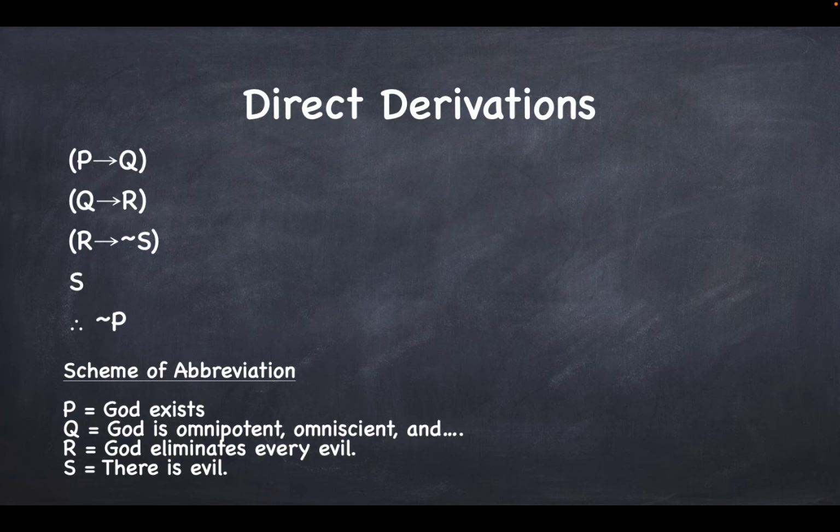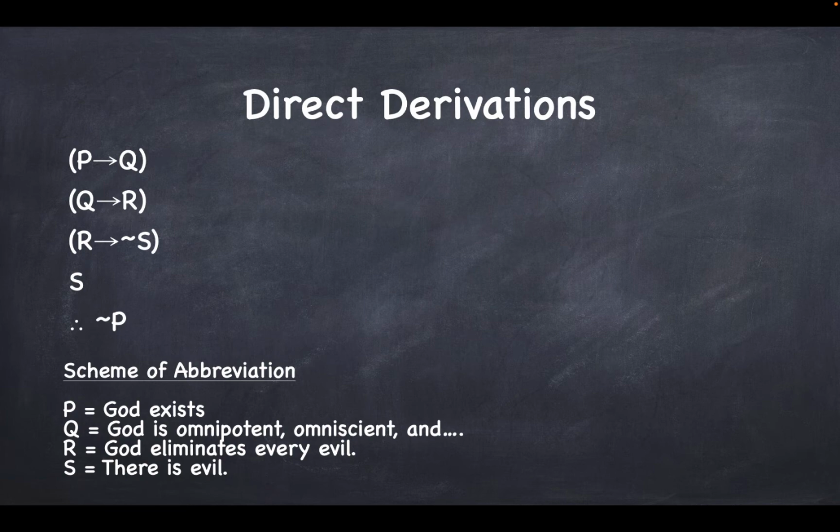And then you've got if R then not S. Now pair that with what you just inferred, if P then R. Now what can you conclude? If P then R, if R then not S. If P then not S. Now we've got S. Apply our double negation rule. And what do we get?